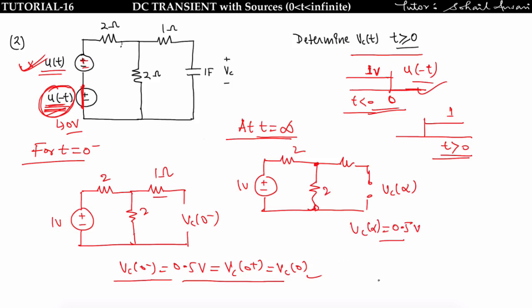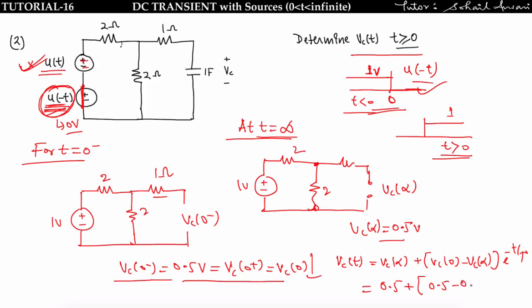Now I will put these two values in the voltage equation. What is the voltage equation? Vc(t) is equal to Vc(infinity) plus [Vc(0 minus) minus Vc(infinity)] e to the power minus t upon tau. Put the values, you will get 0.5 plus (0.5 minus 0.5) e to the power minus t upon tau.